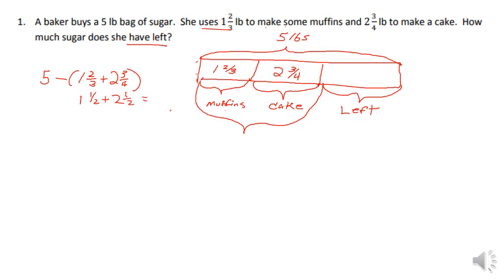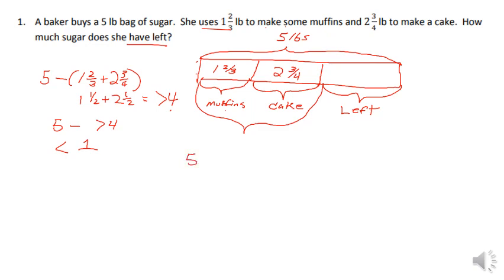So I know this sum is going to be greater than 4. So basically I have 5 minus a number that is greater than 4, so my answer should be less than 1. Or basically around 1, but it should be less than 1. Let's see how it works out.